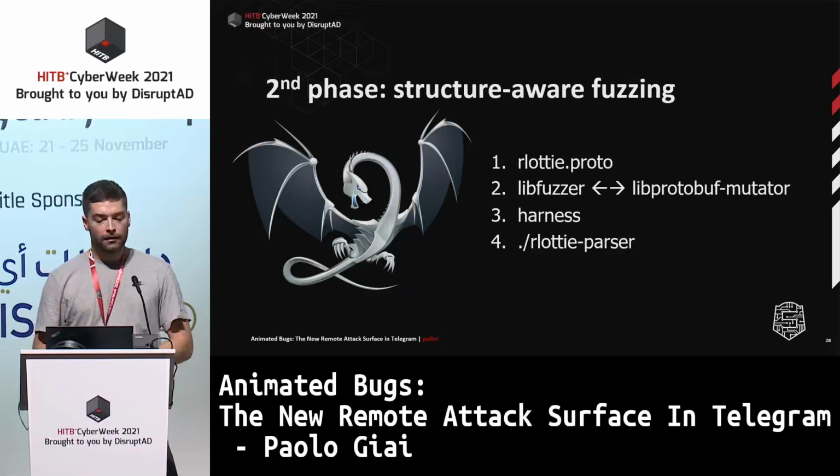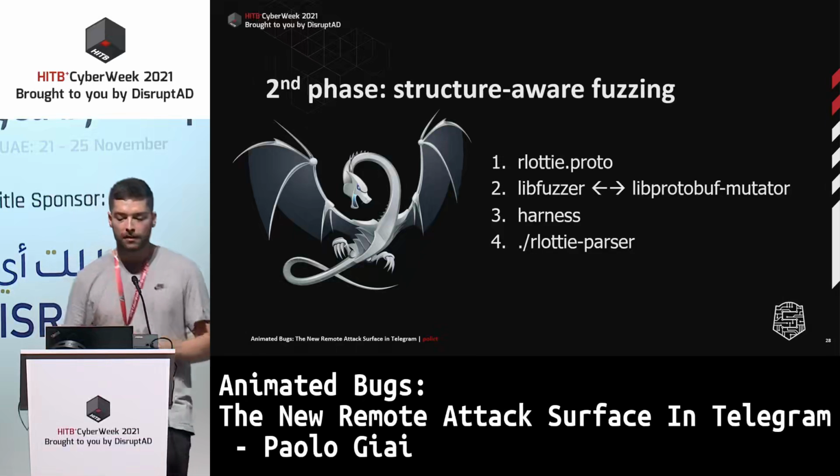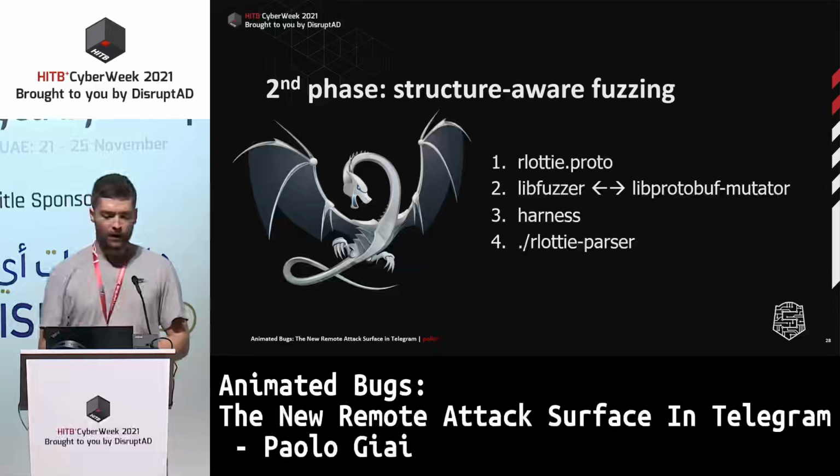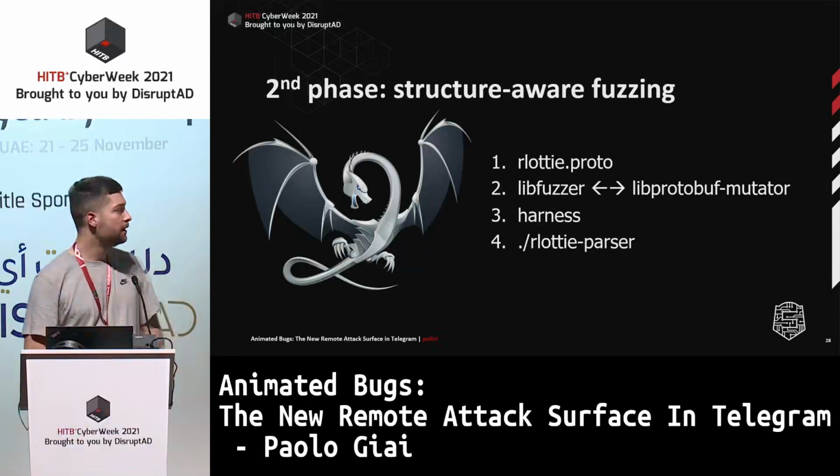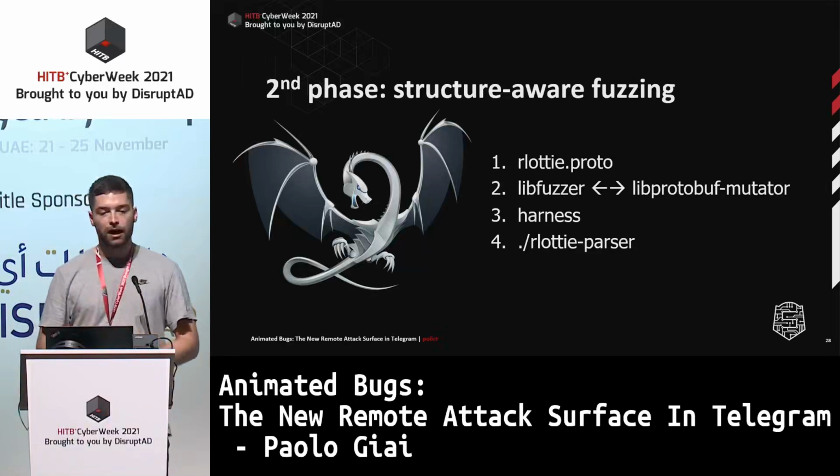Then, since this is still in the protobuf format, we need a way to convert this to a JSON in order to be accepted by the parser. So this conversion logic is implemented in the harness, which will in turn pass the created and mutated animated sticker to the actual parser, which will try to parse and render the sticker.